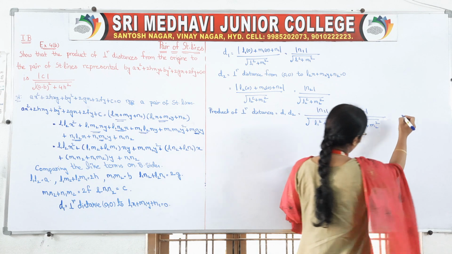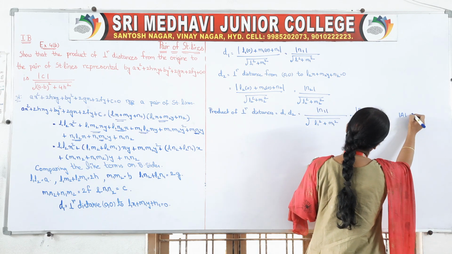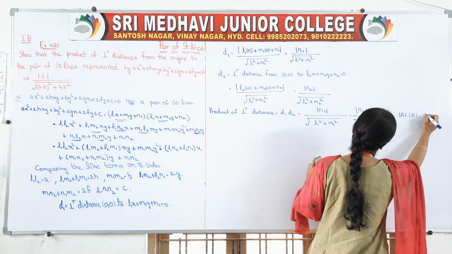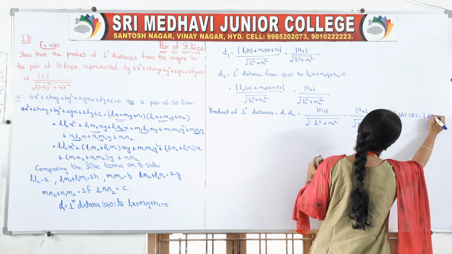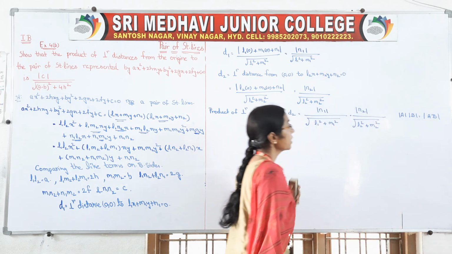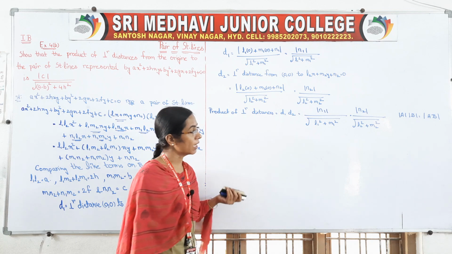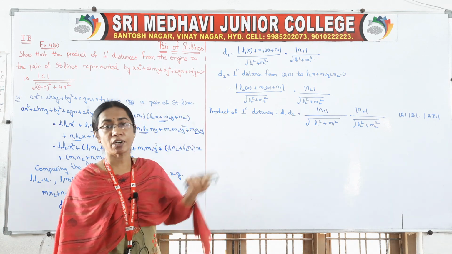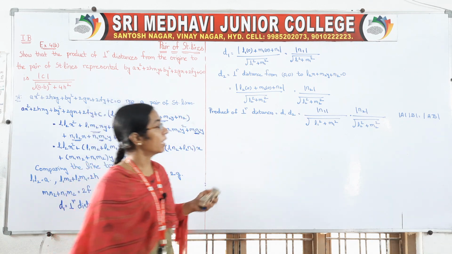There is one formula: mod A into mod B can be taken as modulus of A into B. Similarly, if in a product both have the same power, we can take the power combinedly.